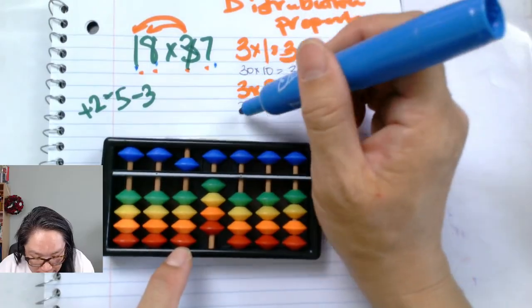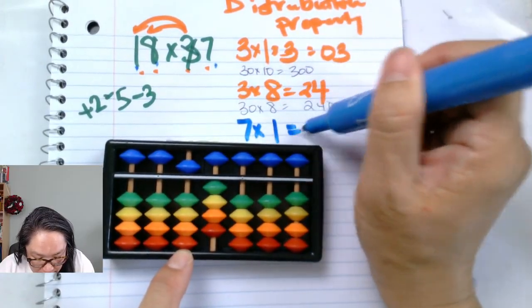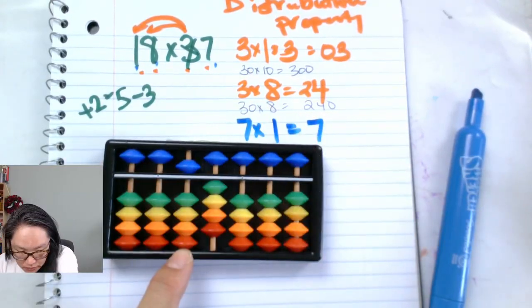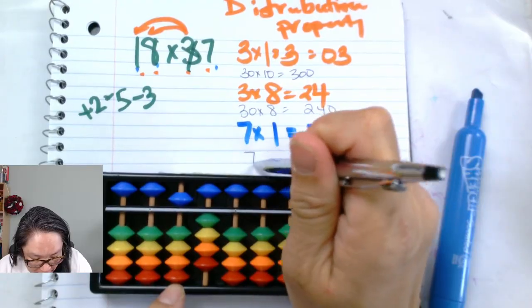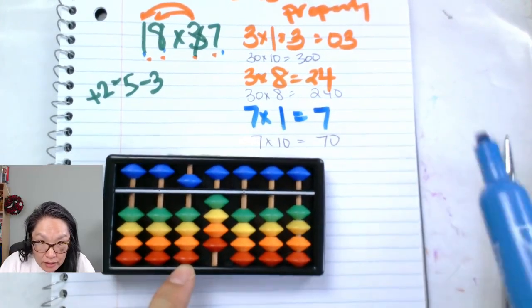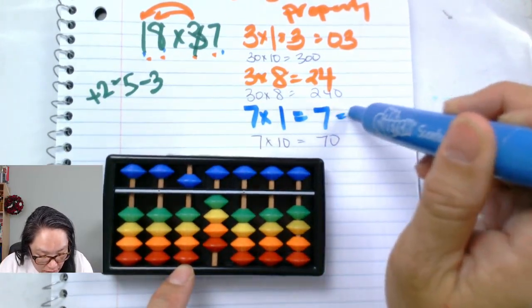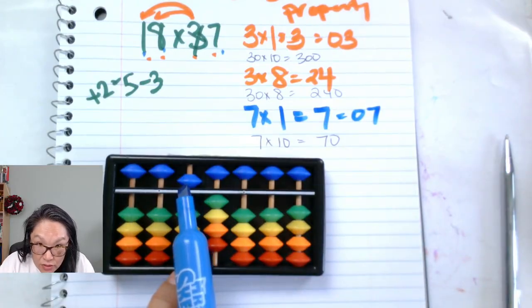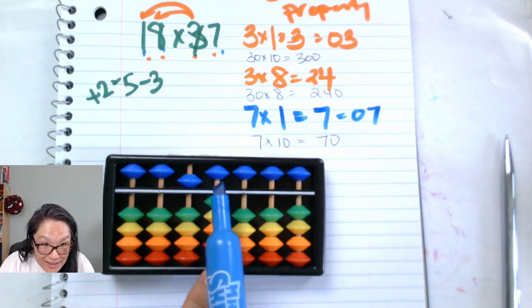So we could do 7 times 1 is equal to 7, or we can do 7 times 10 is equal to 70. You could do that. 7 is a single digit. I'm going to make it 0, 7. So that means 0, 7, plus the 7.